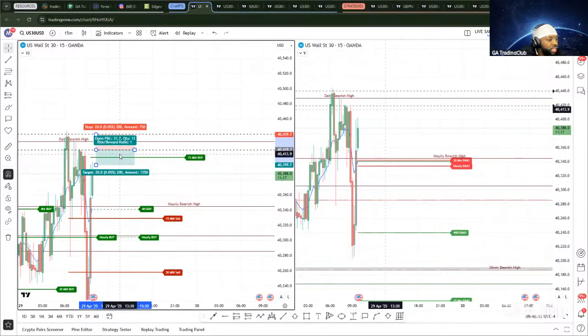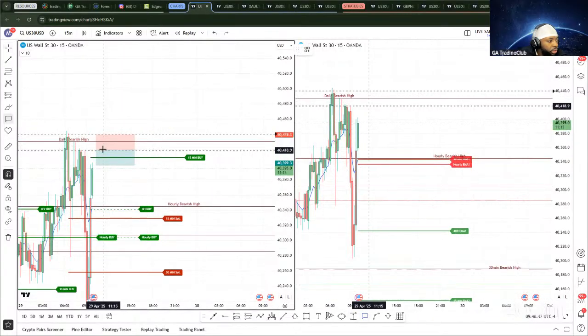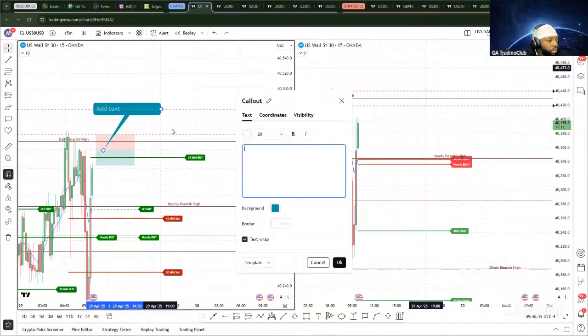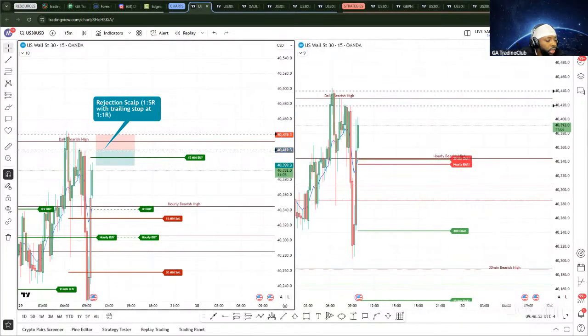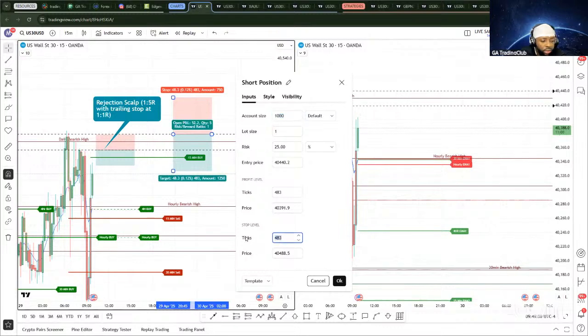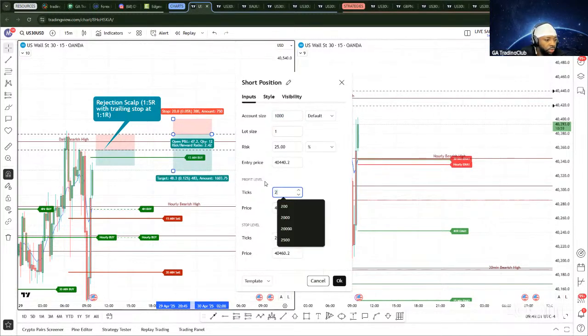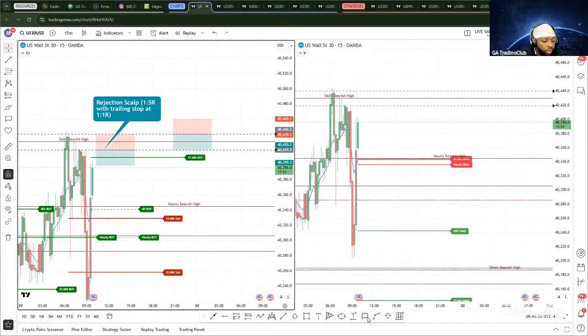So there is a SAR level rejection scalp here, and then there is another order block rejection scalp, right here, somewhere above there. So there are some entries.